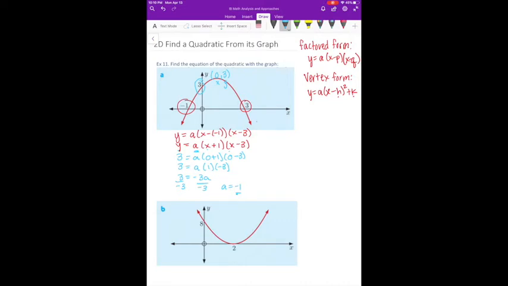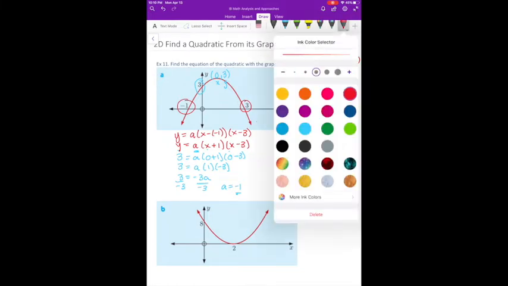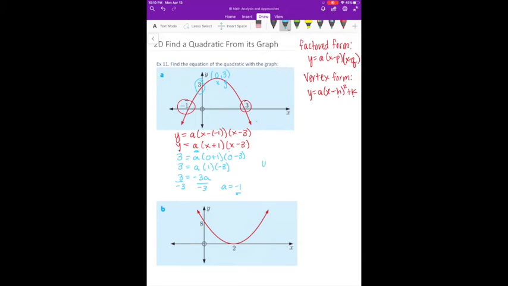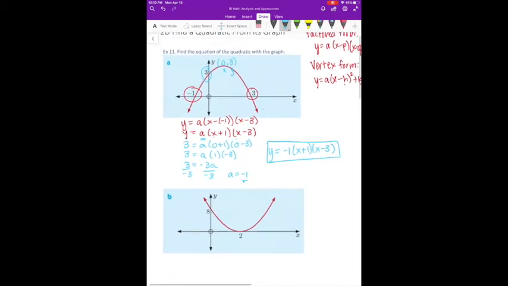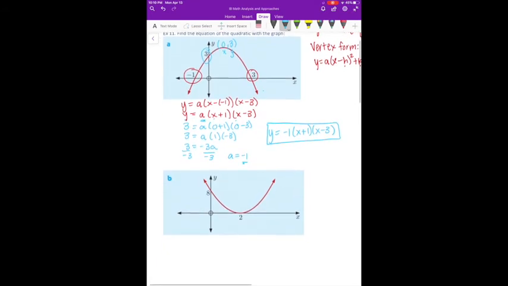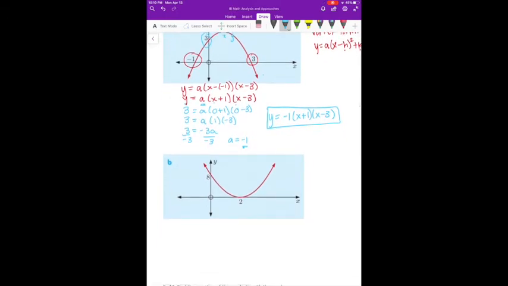So my quadratic equation is y equals negative 1 times x plus 1 times x minus 3. And that is sufficient. It doesn't tell me I have to write it in a specific form, so I'm going to leave it in factored form. Make my life easy.